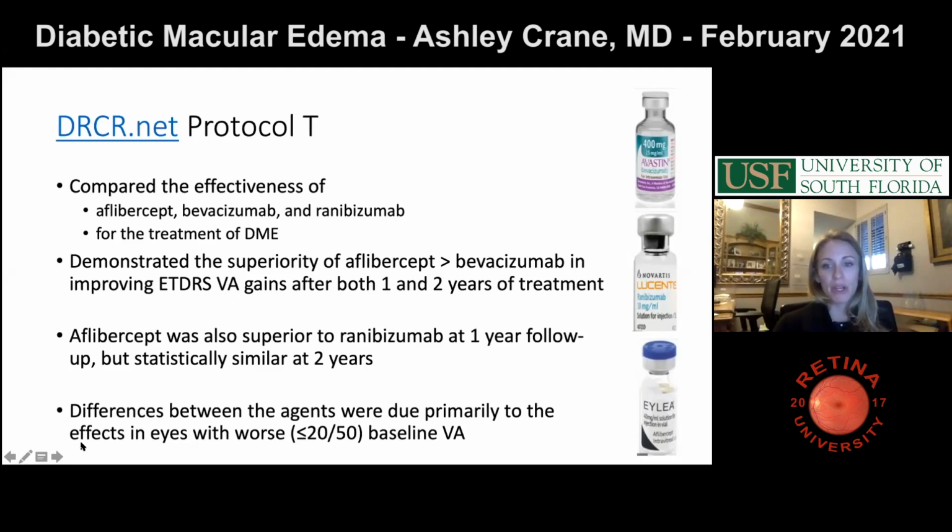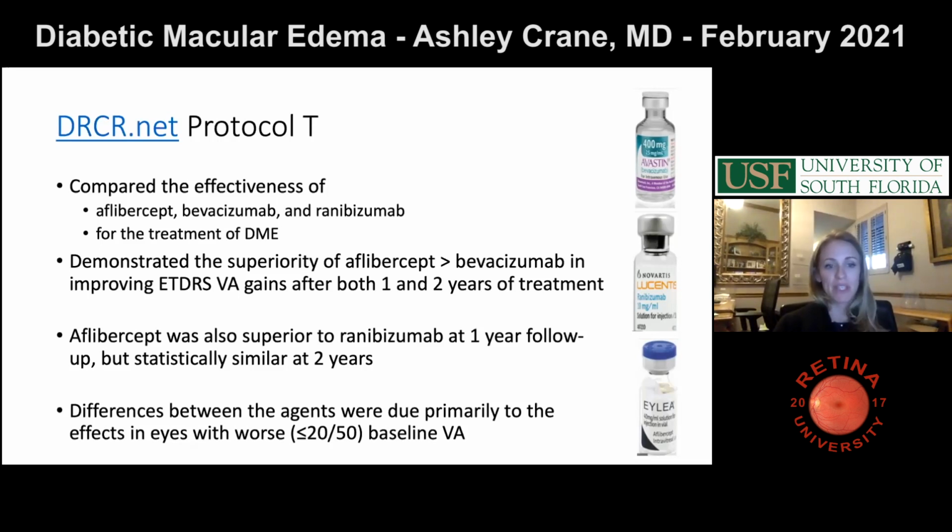And it's also superior to ranibizumab at 1 year, but basically they converge at 2 years. And as you might imagine, the differences between the agents are primarily seen in the effects in eyes that have worse baseline vision.